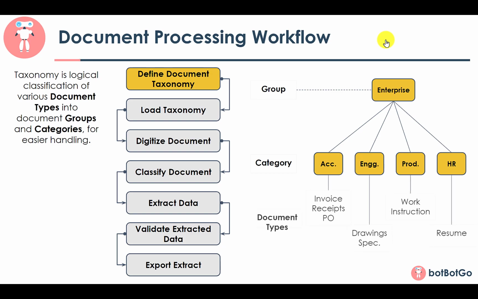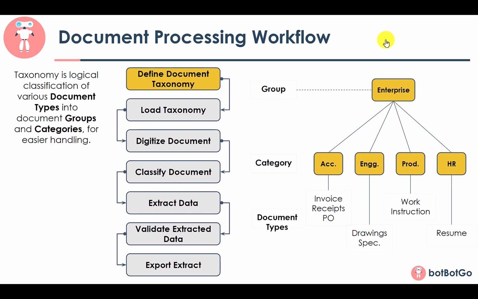Accounts may handle document types such as invoices, receipts, and POs, whereas engineering is mostly focused on engineering drawings or customer specifications, whereas manufacturing or production mainly handles work instructions on how to manufacture a typical product, and HR would typically be handling resumes from different candidates or also their passports or any other documents.